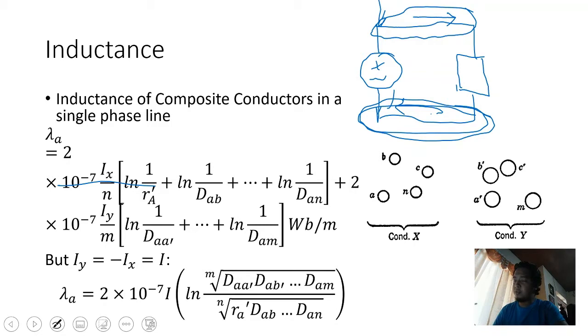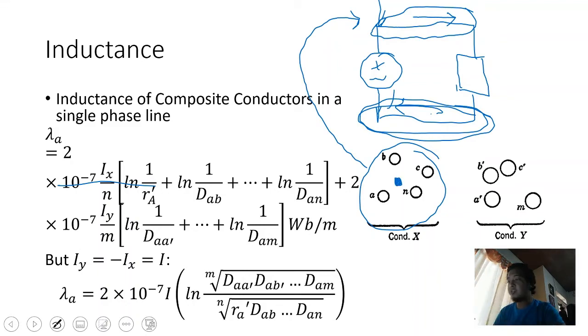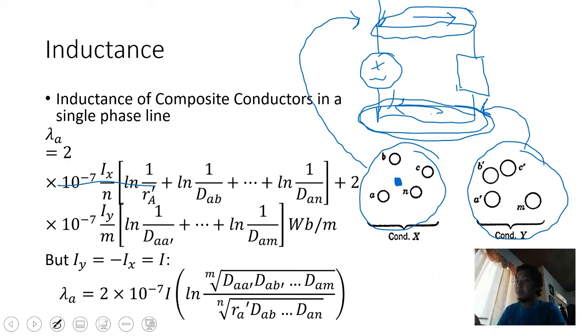So we can say that this set of conductors, this is conductor X, belongs to this wire, where the current is going outwards towards us, and this conductor belongs to this return path, where the current is going back. Okay? So now, if we consider the inductance of, let's say, this conductor A, this small one, this is not yet ABC. This is still single phase.